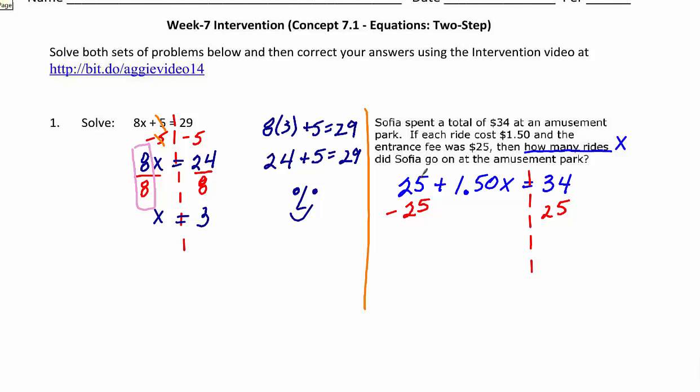So we want to cancel how much money she spent to get into the park. And once we cancel that out, we have $1.50 times some number of rides there. And over here we have 34 take away, I didn't show my subtraction, take away 25 gives us 9.